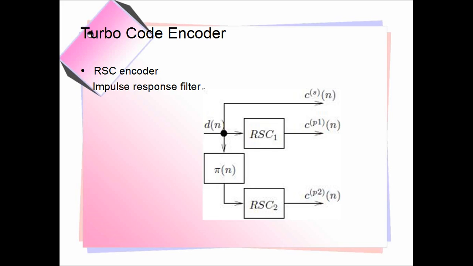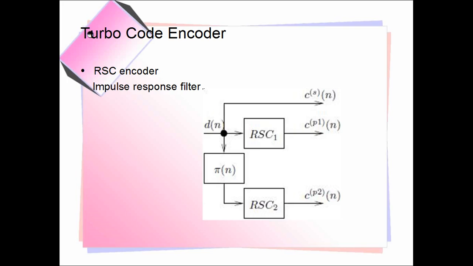The main task of this part is to permute the sequence in a random order, which means that the input to RSC2 is different and independent from the input to RSC1.